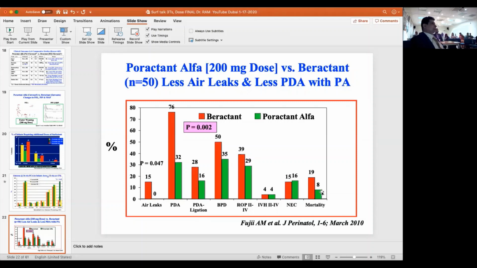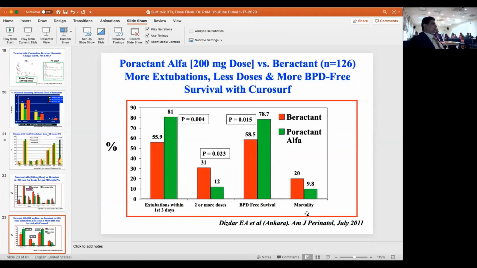Another study from Ankara, extubation in 3 days was 81% in babies randomized to poractant alpha, versus 56% in the other group. Again, p-values are shown here. The number of babies requiring 2 or more doses was significantly lower. BPD-free survival is also higher with poractant alpha.